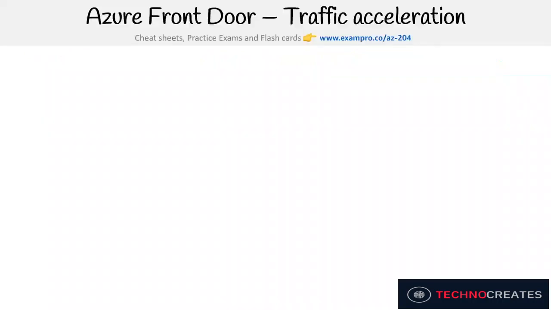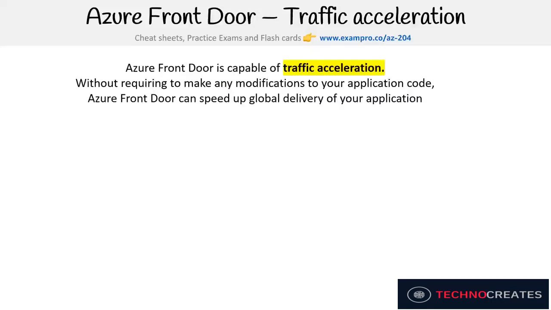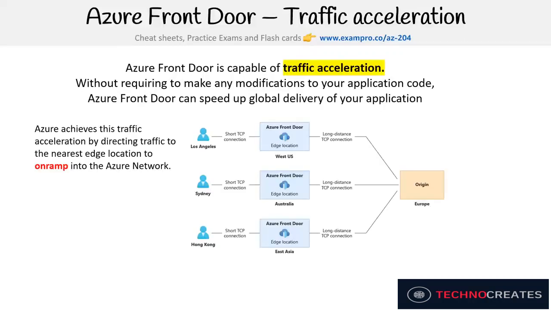Let's take a look at traffic acceleration for Azure Front Door, sometimes also known as global acceleration, depending on your cloud service provider. But the idea here is, without any requirements to make any modifications to your application code, Azure Front Door can speed up global delivery of your application. So Azure achieves this traffic acceleration by directing traffic to the nearest edge location to on-ramp into the Azure network. So the idea is you have somebody that wants to connect.